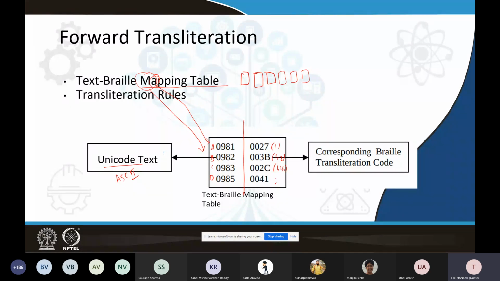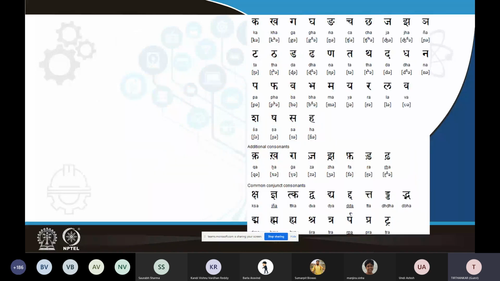But the process becomes very complex if you are considering other language texts, for example Indian languages like Hindi, Bengali, Malayalam, Tamil, where these Devanagari scripts are really very complex, and there are specific rules.